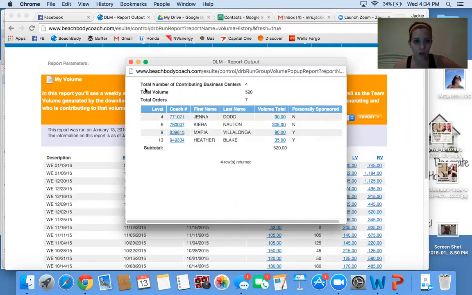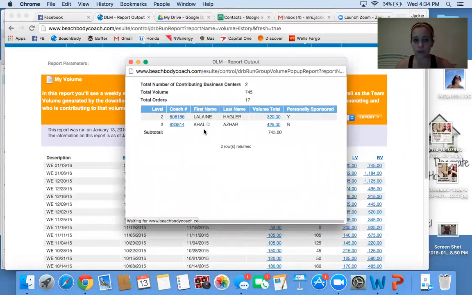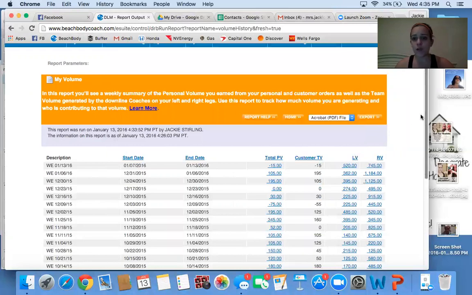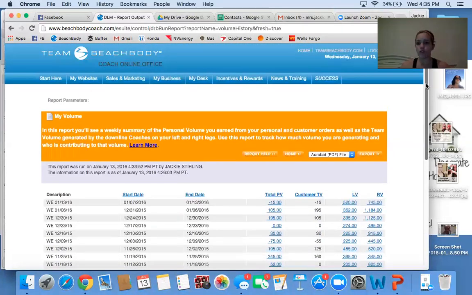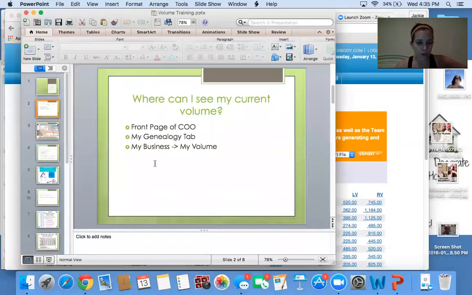You can do the same thing for your right volume, and you can see exactly where your volume is coming from and who is contributing to that, in case you were curious. So if I come back here, those are your 3 places where you can check your current volume.